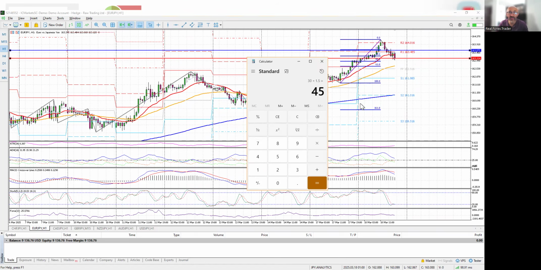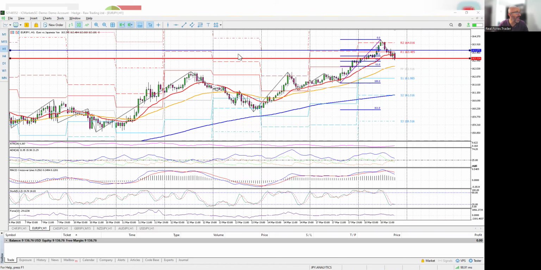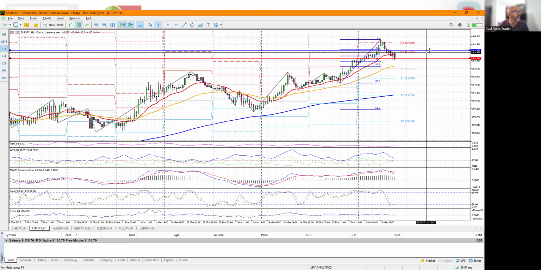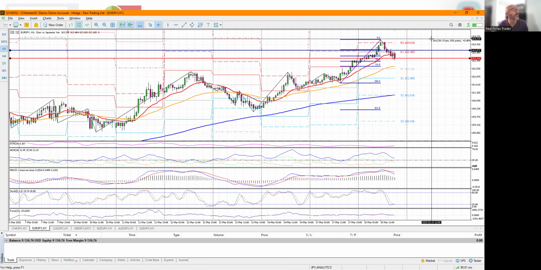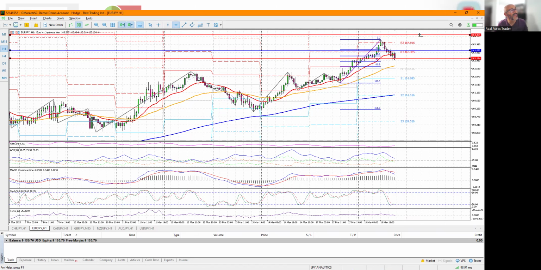So if my stop loss is 45, I aim for double. I aim 90 pips to be worth the risk. So 90 pips would be around here, at the 474 level.